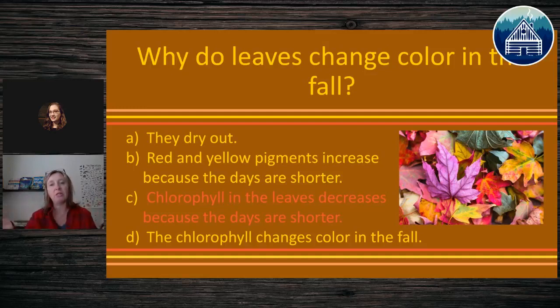They just weren't shining through till now. So as the green decreases, you start to see the colors that have been underneath all summer. So when I learned that, I thought that was pretty cool, that those colors are there, they just can't show because the green chlorophyll is over the top of them.